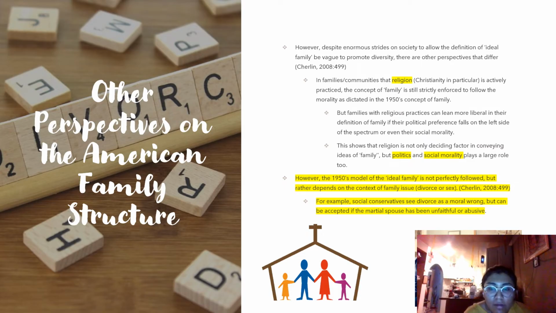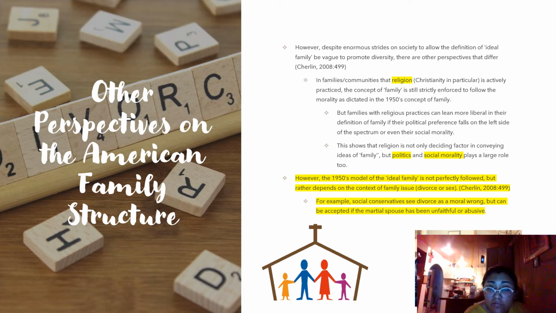So when it comes to how the definition of the ideal American family structure has been impacted by factors, one of my discussion questions asked that, and the three are religion, politics, and social morality. Basically, how the reading puts it is that it depends on where an individual from a family stands, whether they're from a very religious or a less religious standpoint, and that can also apply to their political standpoint, whether they're Republican or Democrat, and also their own social morality.